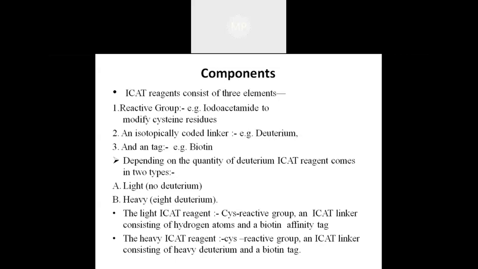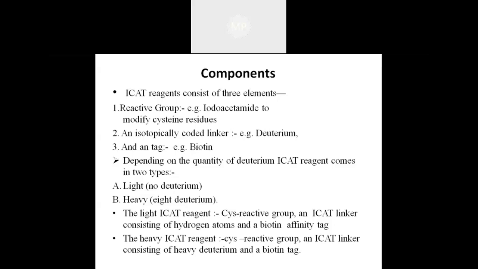The second is the isotopically coded linker, for example deuterium, and the third is a tag like biotin, which has a good affinity for the peptides or proteins. So ICAT reagents come in two types depending upon the quantity of deuterium, light and heavy. The light one has no deuterium, and the heavy one has 8 deuterium.